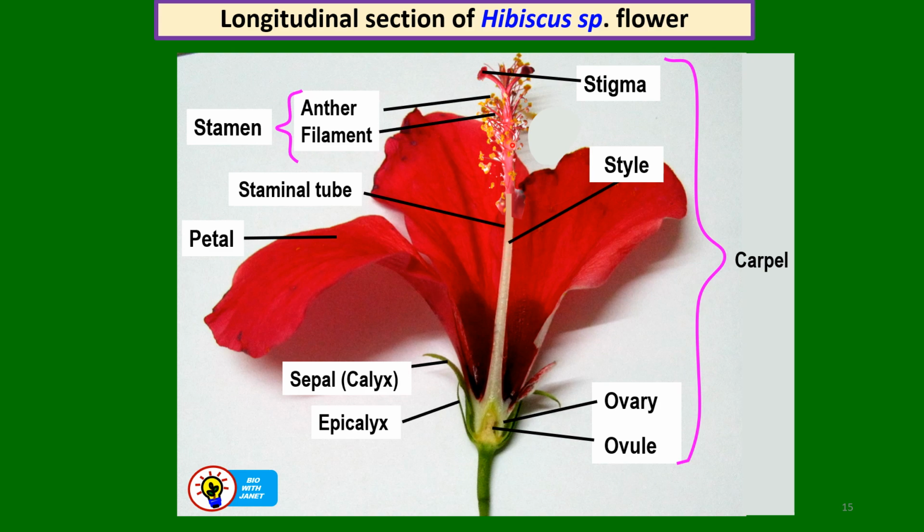Okay, a red-colored tube that surrounds the style. Okay, so this red-colored tube is made up of fused filaments. It's called the staminal tube. This is very unique. Okay, so the style is inside the staminal tube.